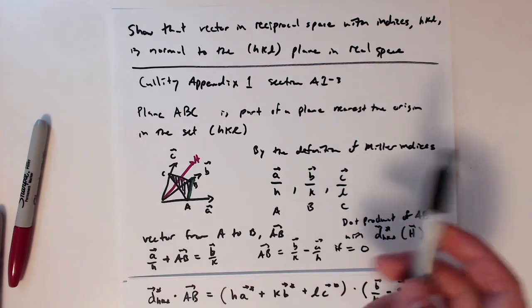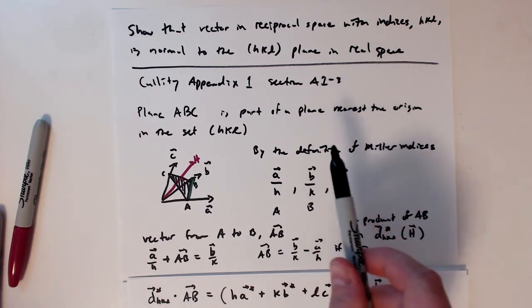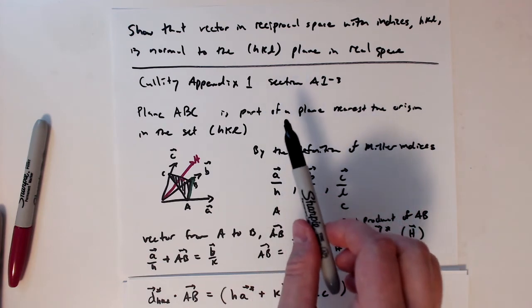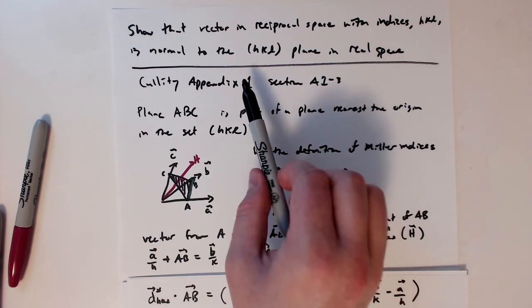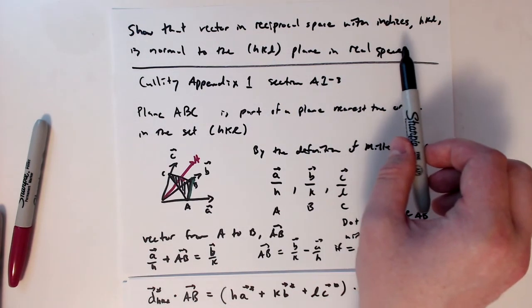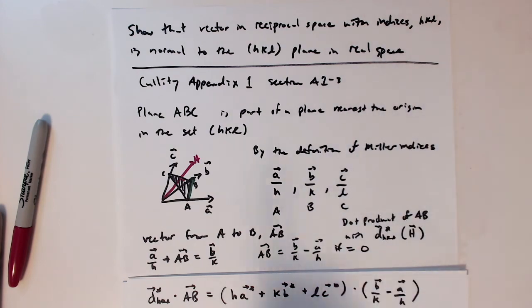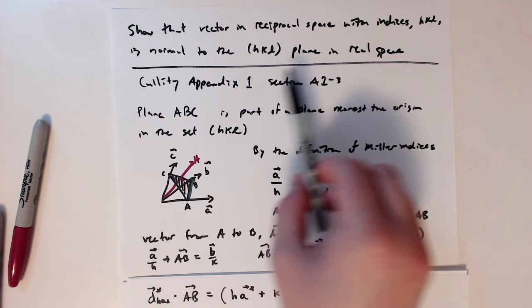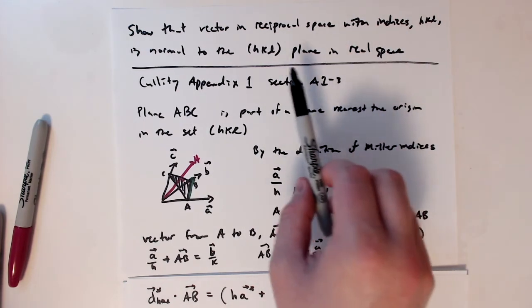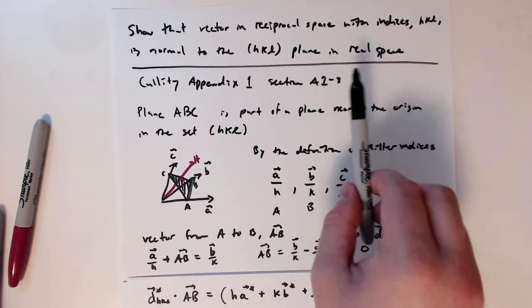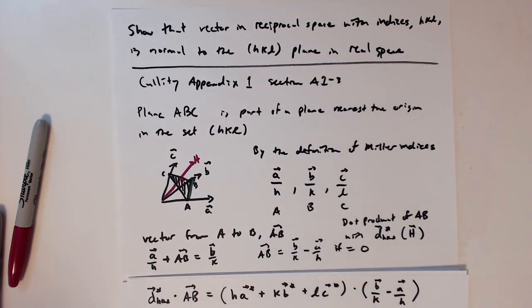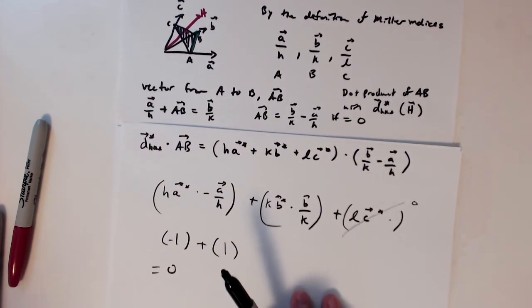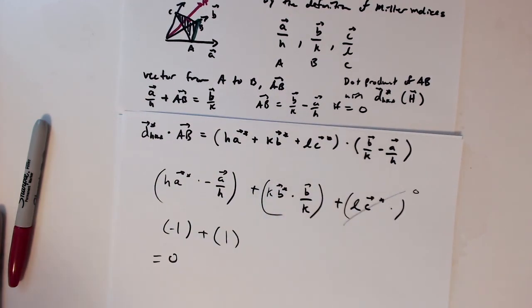You might remember earlier on, we talked about how in cubic, if we have the plane and direction, those are normal, right? But if we're talking about reciprocal space, this is always true, not just for cubic. And so that's the power of the connection between the vector in reciprocal space and the plane in real space. The connection there is always true regardless of that rule.